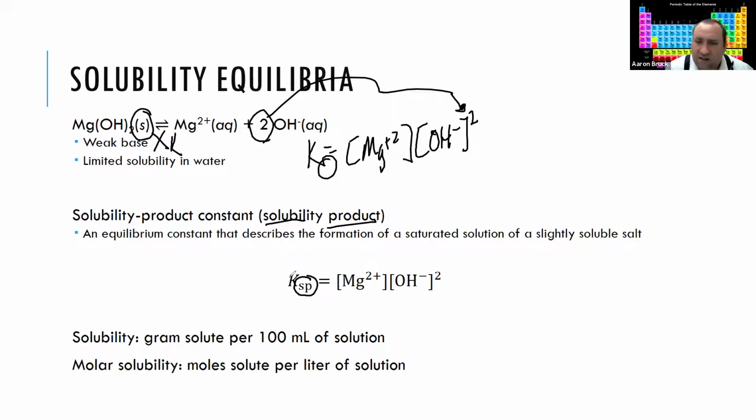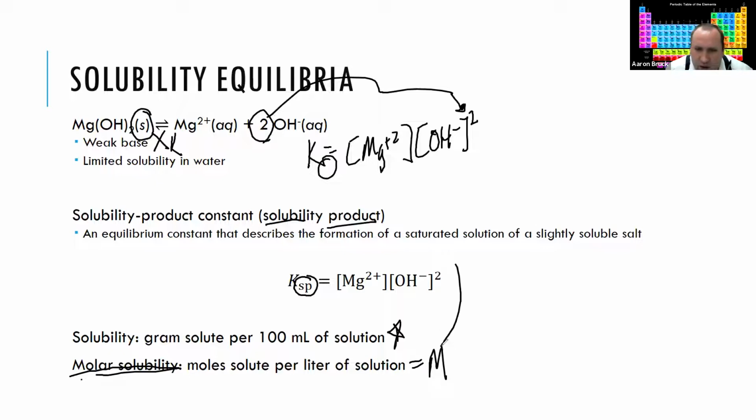Now, when we express solubility itself, there are two ways that we can express solubility. The first one, the one that we are probably the most familiar with, is mass solubility. How many grams of a solute will fit in 100 milliliters of solution? This is the one we've quoted the most often. Sodium chloride has a solubility of 70.1 grams per 100 at room temperature. But for our purposes, we're actually going to focus more on this molar solubility business, moles of solute per liter of solution, because if I can get that, that's molarity.